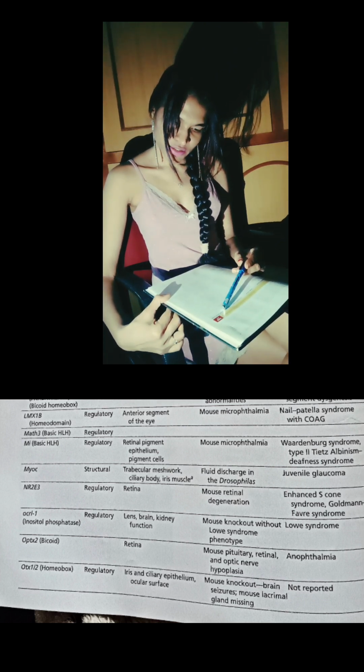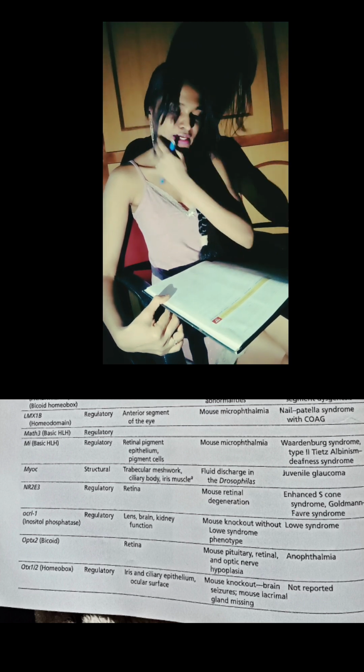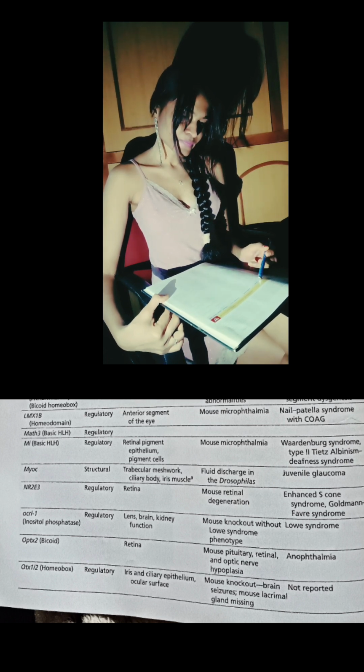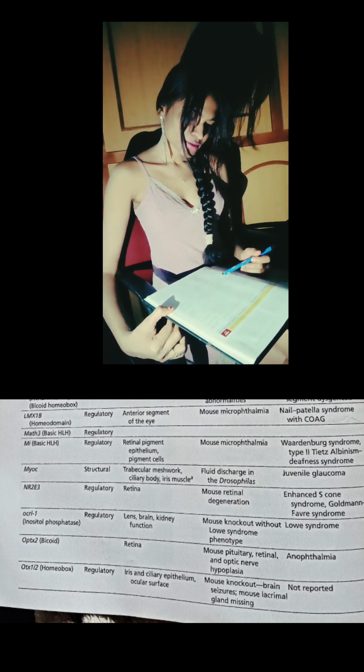Then gene MITF, basic HLH, its function is regulatory, tissue expression retinal pigment epithelium, pigment cells, animal model, mice microphthalmia, human disease Waardenburg syndrome type 2, Tietz albinism deafness syndrome.